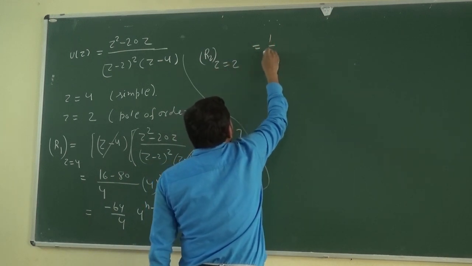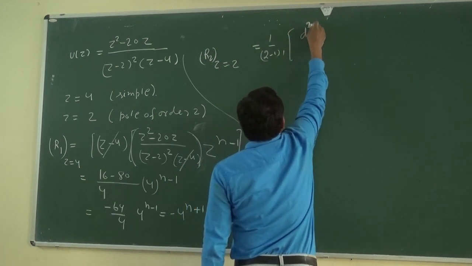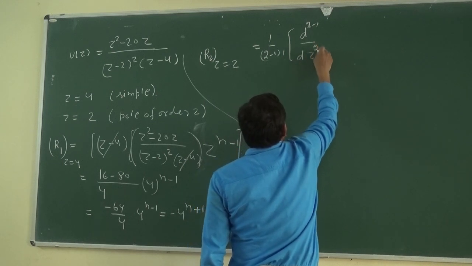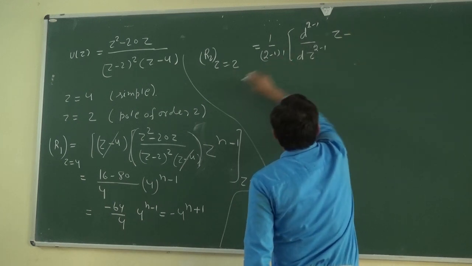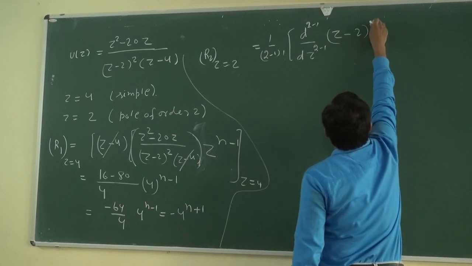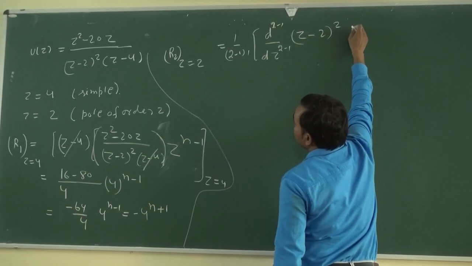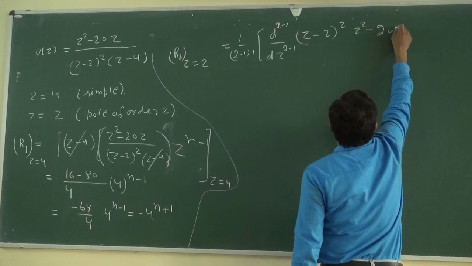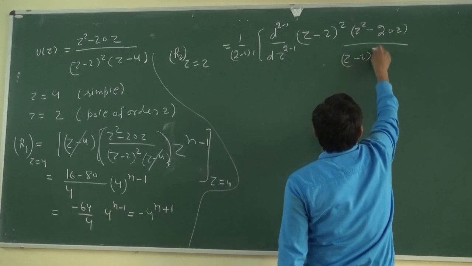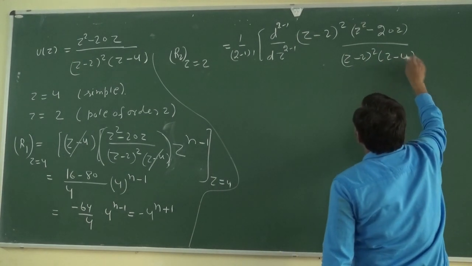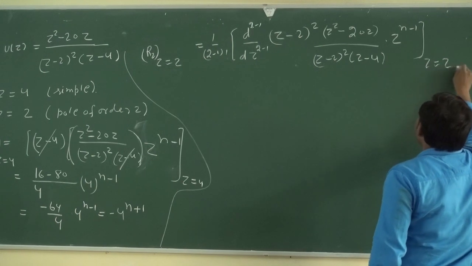So I can say here 1 upon (2 minus 1) factorial, d to the power 2 minus 1 upon dz to the power 2 minus 1, of (z minus 2) whole square times u of z, that is z square minus 20z upon (z minus 2) whole square, (z minus 4), into z to the power n minus 1, at z equal to 2.